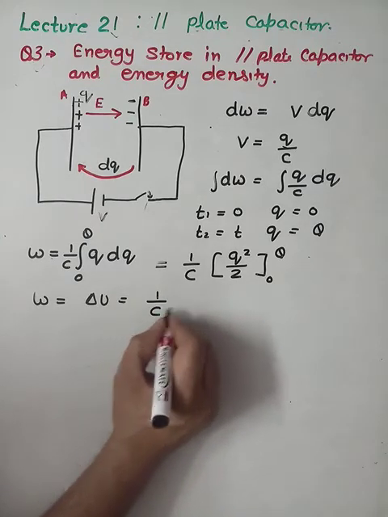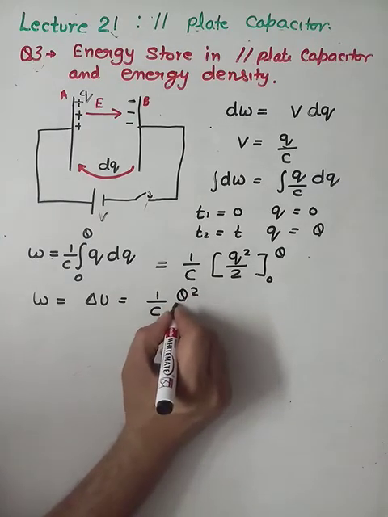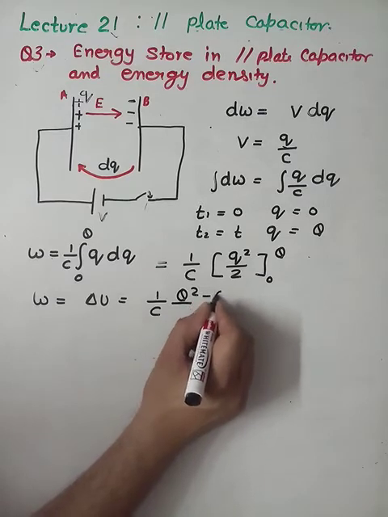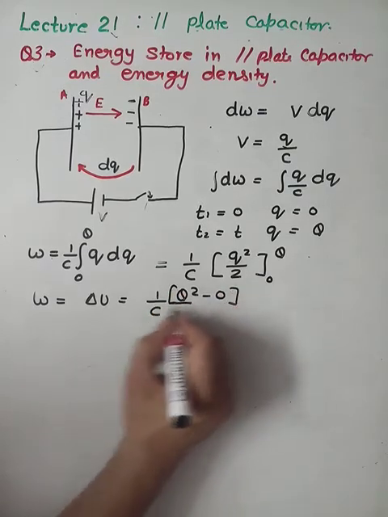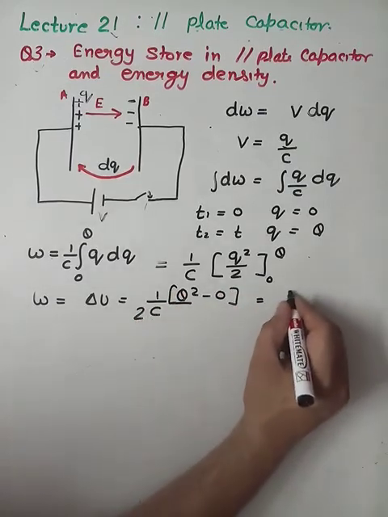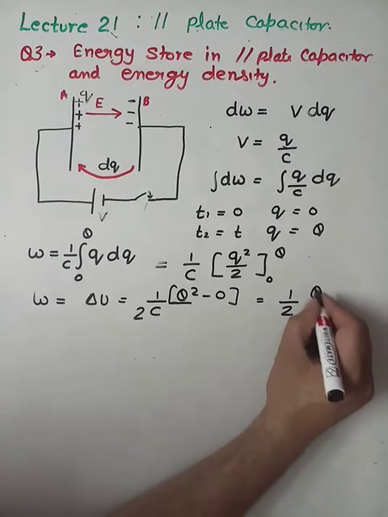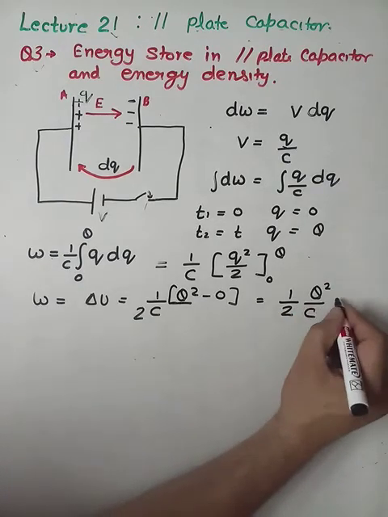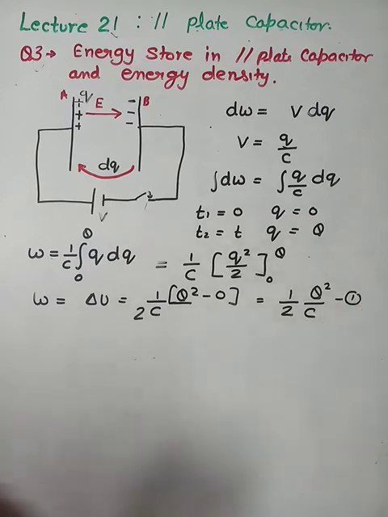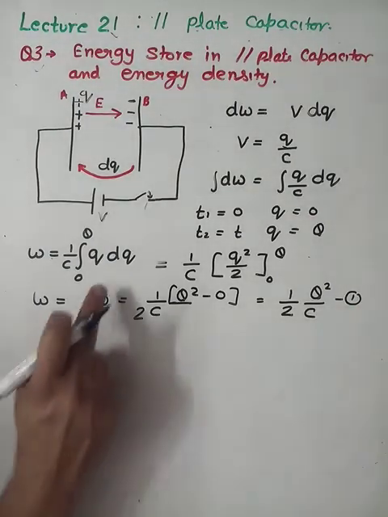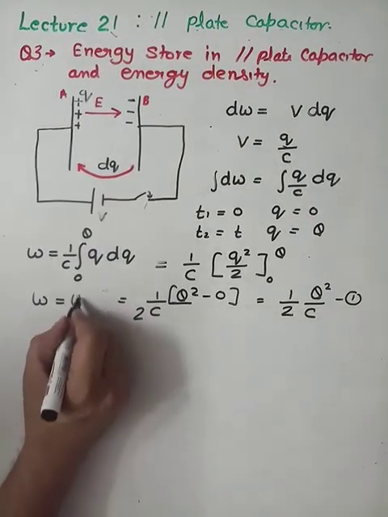On putting the limits, we get Q square minus 0 upon 2, which is 1 by 2 Q square by C. This is equation number 1. It is U final minus U initial.